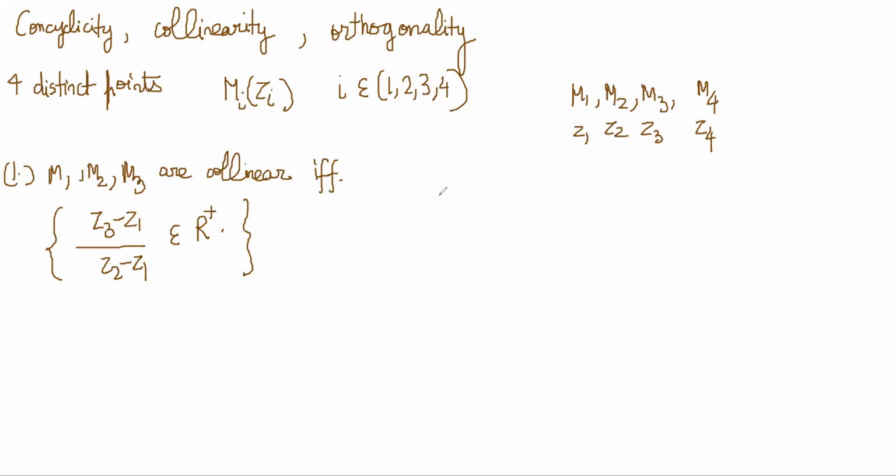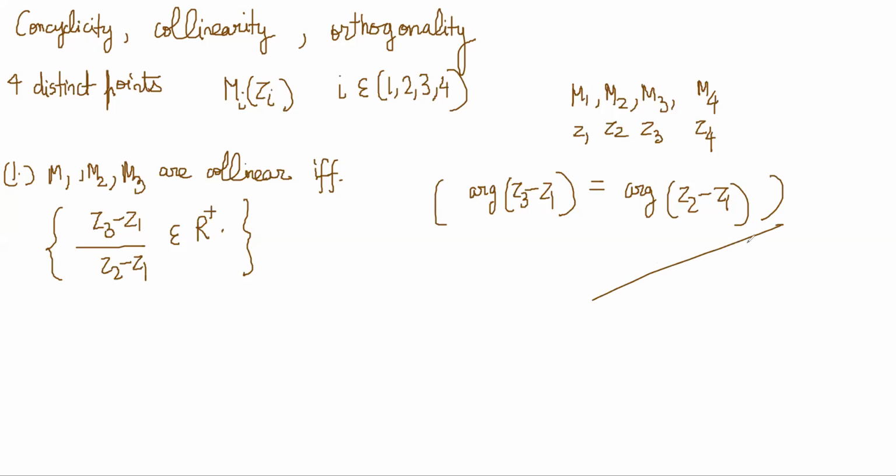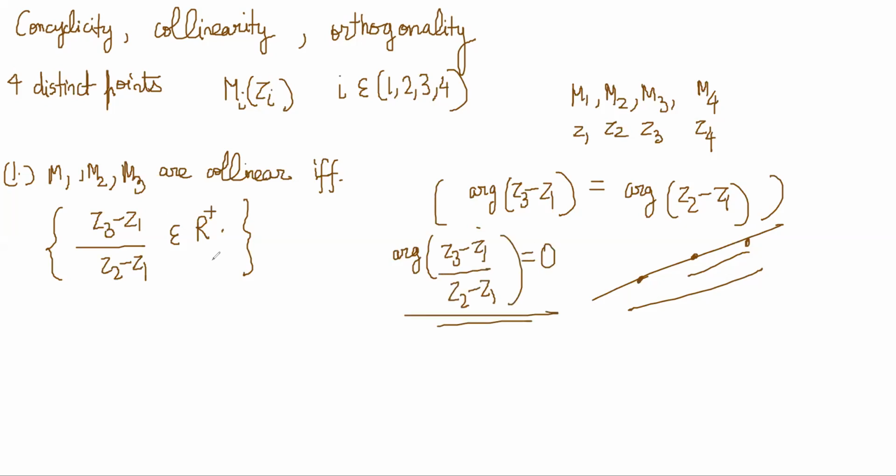This happens because the argument of Z3 minus Z1 should be equal to the argument of Z2 minus Z1. You remember earlier we had already seen that they lie on the same line, then this has to happen, right? So when you subtract, this becomes the argument of (Z3 minus Z1) by (Z2 minus Z1) is equal to 0. So then this must be real, no? This complex number must lie on the real axis, right?